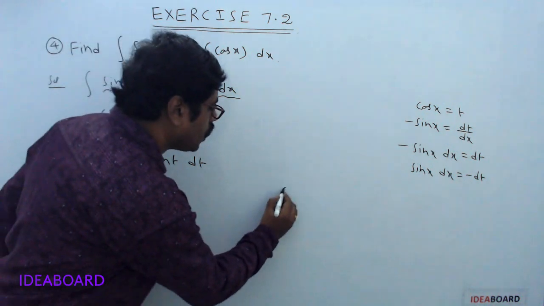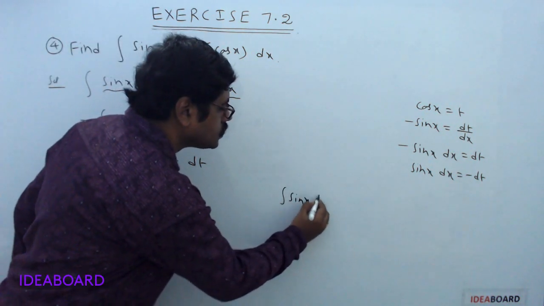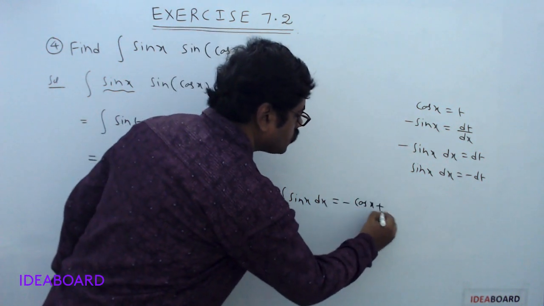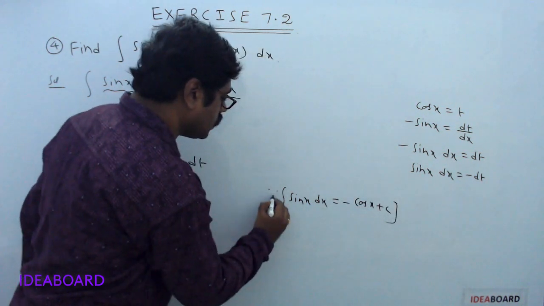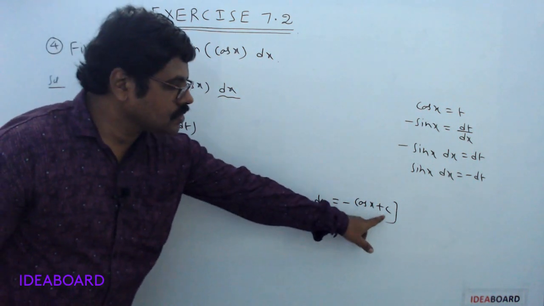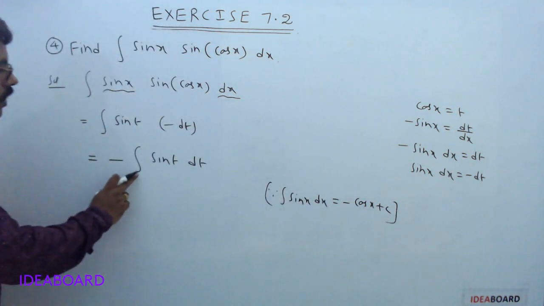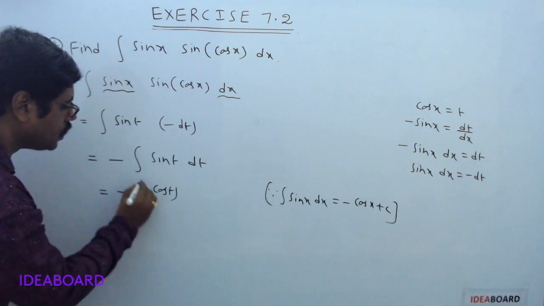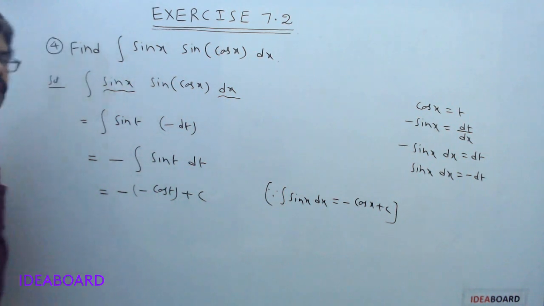Now what is the formula of integral sin x dx? That is minus cos x plus a constant c. Integral sin x dx is minus cos x plus c. So integral sin t dt is minus cos t plus a constant c.